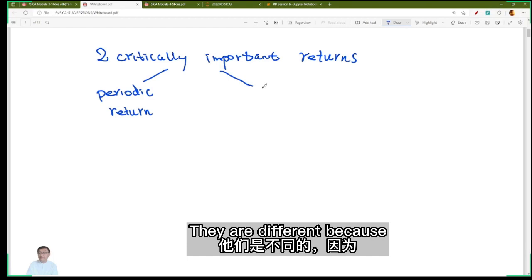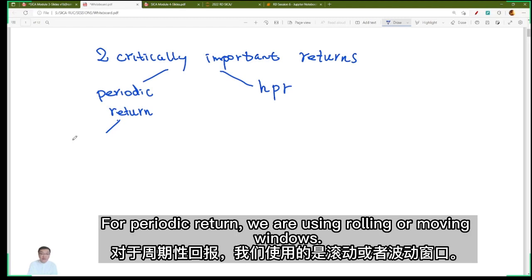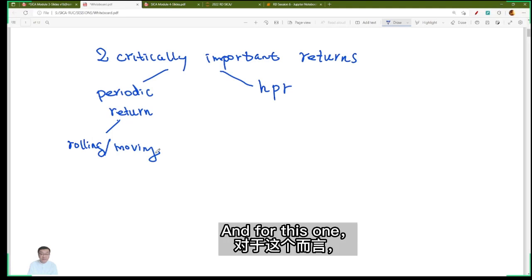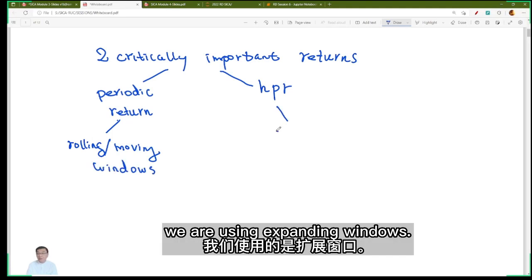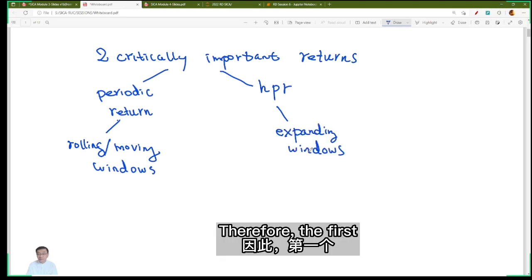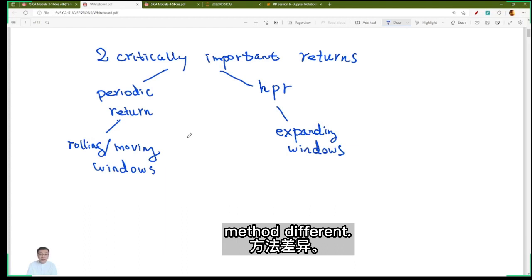They are different because the method of calculation in these two returns is different. For periodic return, we are using rolling or moving windows. And for this one, we are using expanding windows. Therefore, the first big difference between these two kinds of returns is the method.